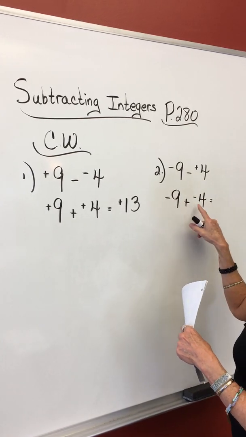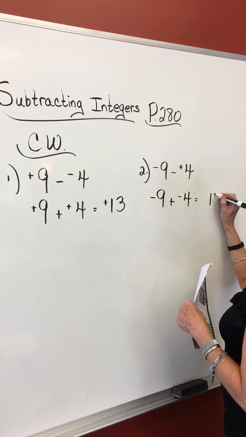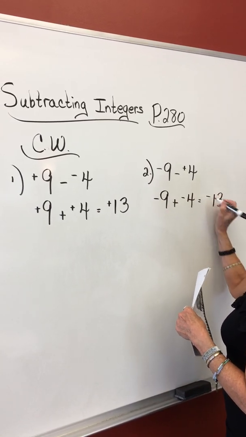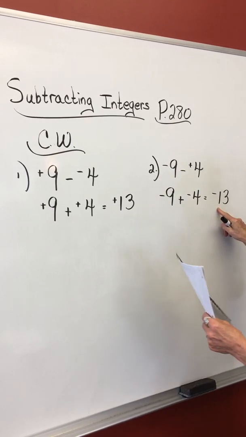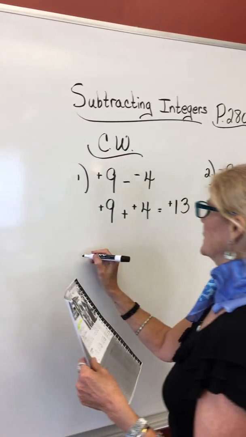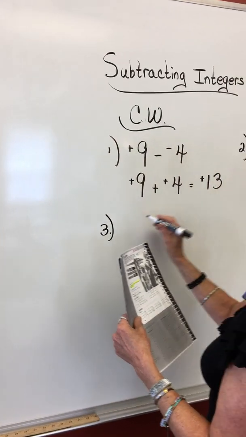Now in addition, the signs are the same, so we add the absolute value, 13, carry the sign to the answer. So in this case, we had positive 13 before, now it's negative 13. It's kind of interesting to see how the answer changes with just the signs of the numbers.